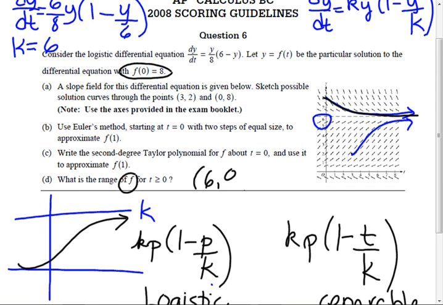Do I get to include 8? Yes. And I said everything positive except for 6. Well, I did it wrong, because I just didn't read that particular part, even though we're talking about a particular solution.